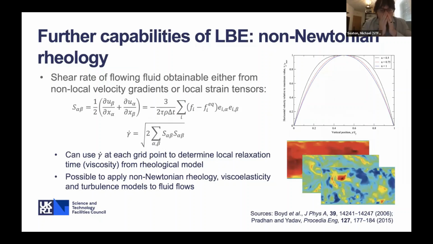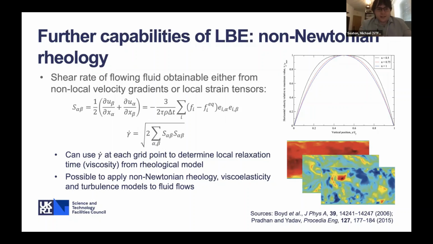Another thing that we can do is apply non-Newtonian rheological models to our lattice Boltzmann simulations. And the way we can do that is we can change the viscosity or the relaxation time at each grid point.